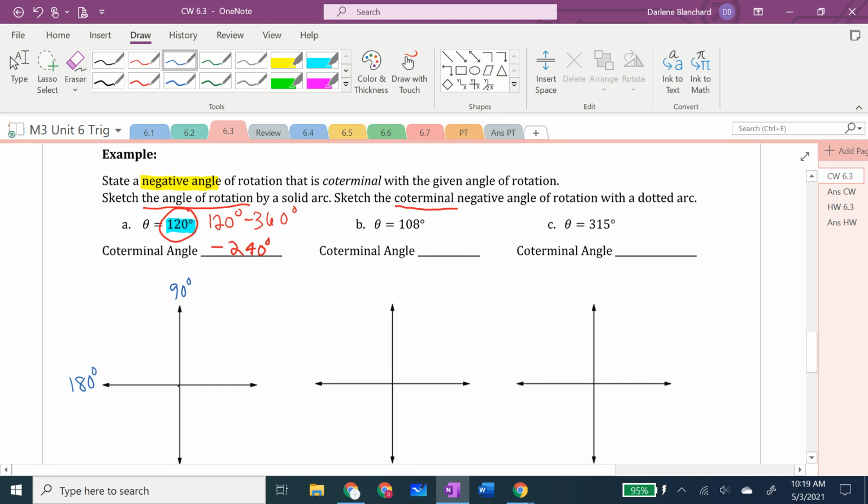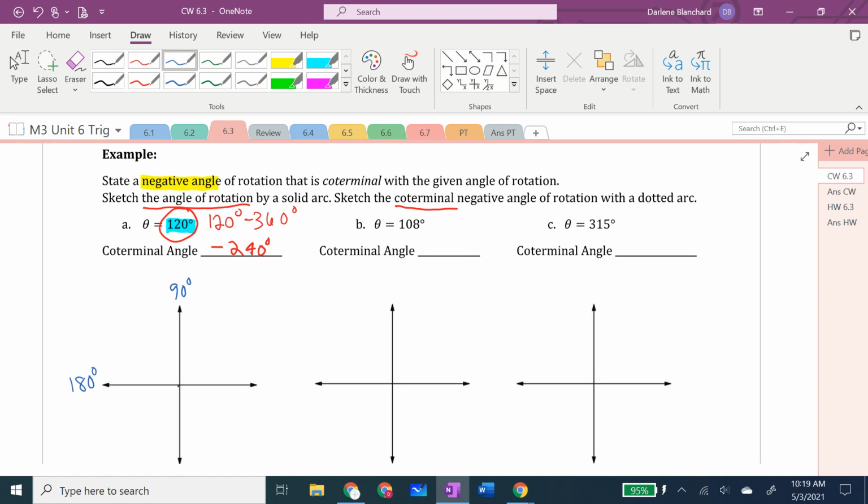It lies between 90 and 180. And should I draw it like here? Should I draw it here? Where about should I draw it? Closer to 90.